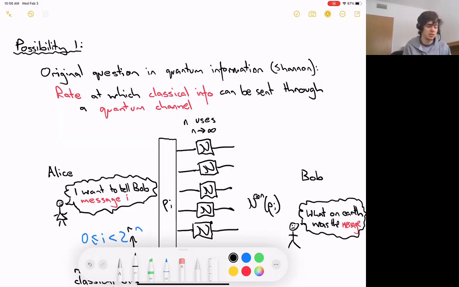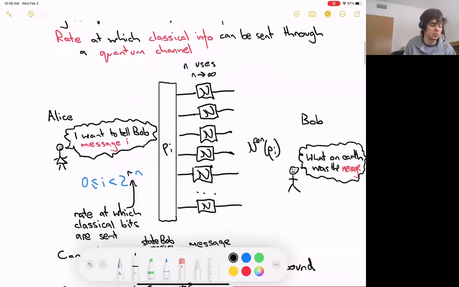Let's say we have some quantum channel, \mathcal{N}, that is a way for Alice to communicate to Bob. Alice is able to use that channel lots of times, and she wants to send as much classical information as possible. So the question is, in the limit where you can use the channel little n times as little n goes to infinity, what's the rate at which you can send classical bits?